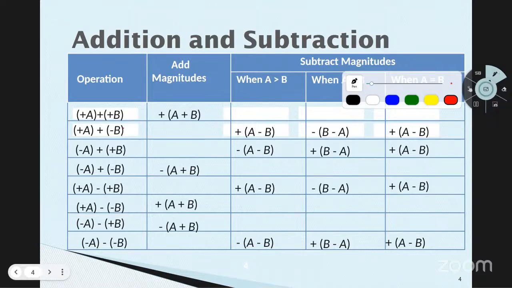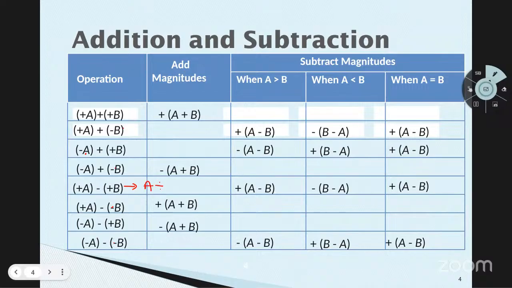Next, this operand is negative and this one is negative, and here negative, negative, and this also can be written as A plus minus B. Now these both are same. So which operation you are performing? Addition only. But this number can be represented in 2's complement.